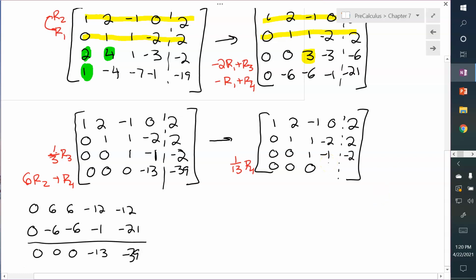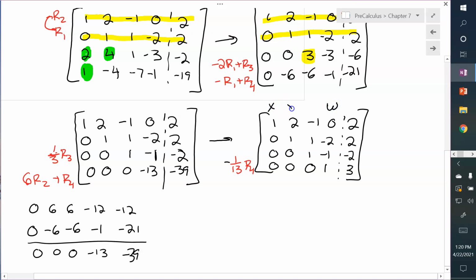And is that a negative? Yeah, I want to do this by a negative here. And I get 1 and 3. So guess what? I can now backwards substitute. This fourth column was for W, just remember.